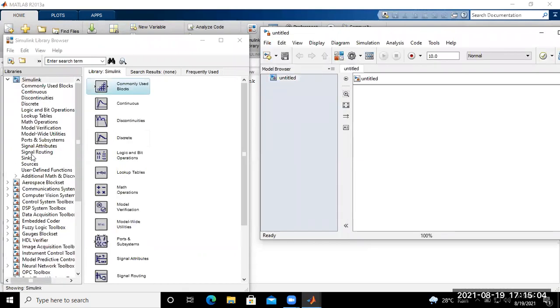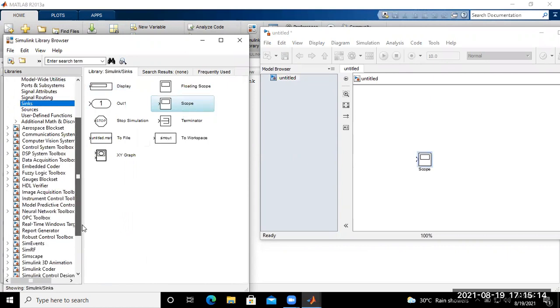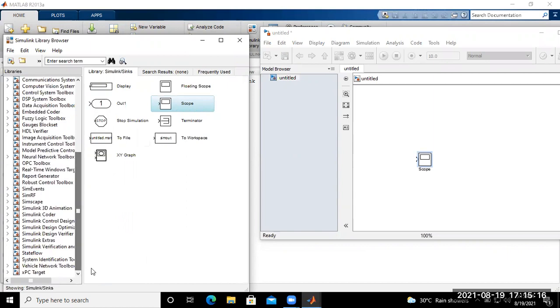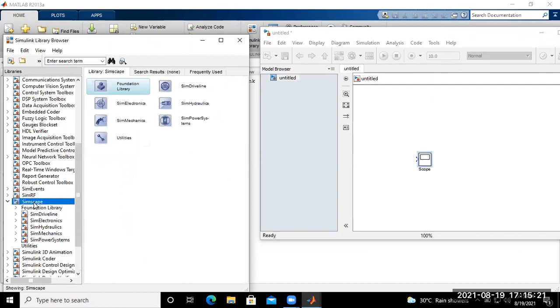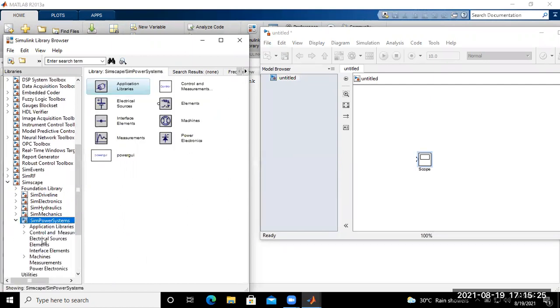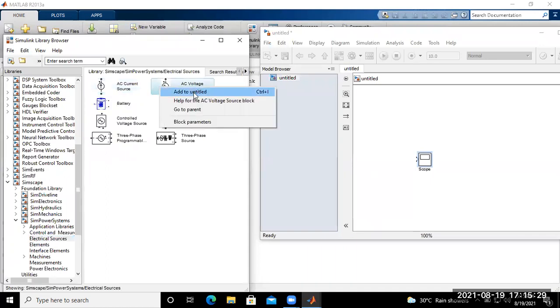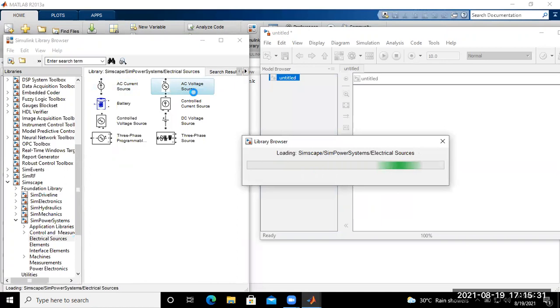Okay. First of all, sync. Just drag the single phase AC source, and one thyristor and RL load.